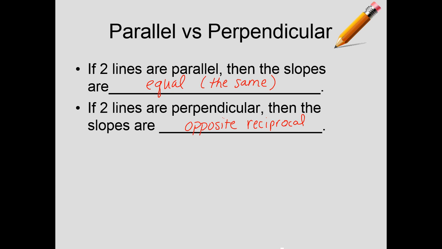So they are opposite reciprocals of each other, like 1/2 and -2 over 1. That is an opposite and reciprocal relationship. You flip one over and you make one negative. That's the idea of opposite and reciprocal.